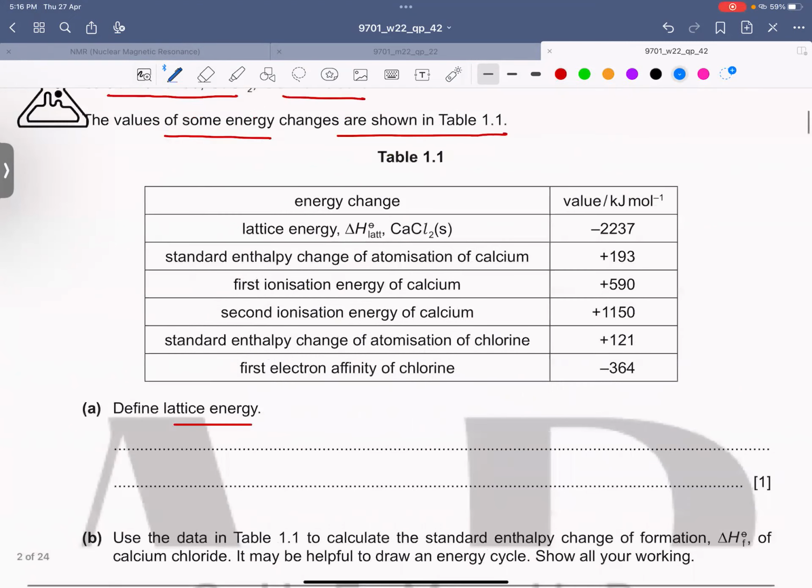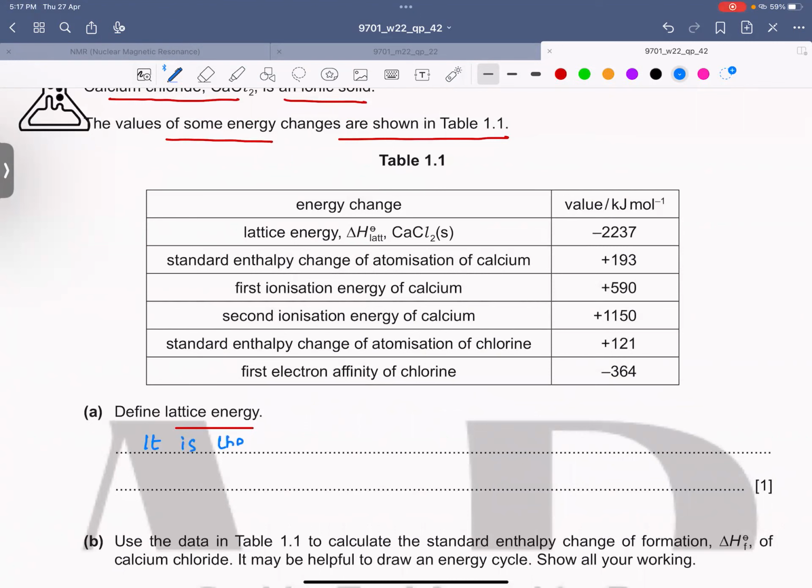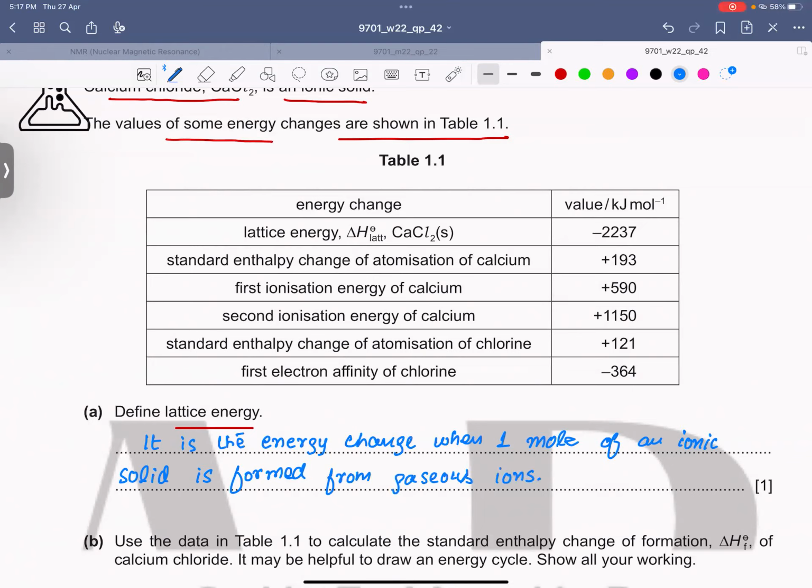So it is the energy change when 1 mole of an ionic solid is formed from its gaseous ions.